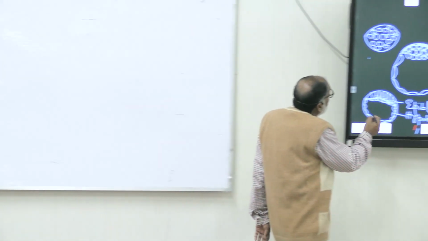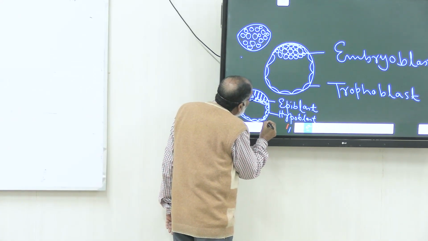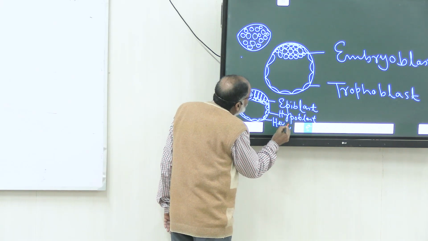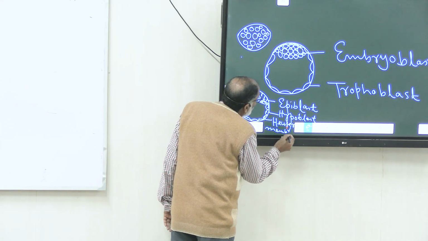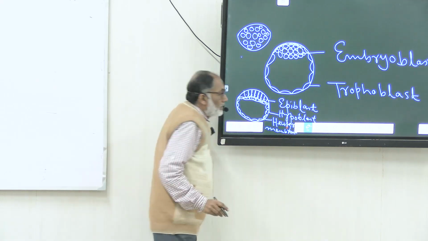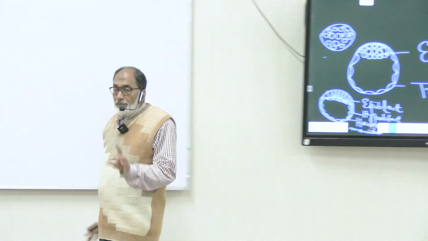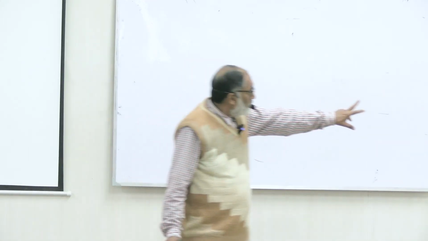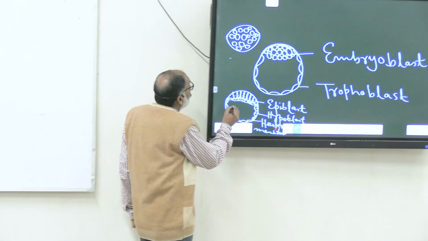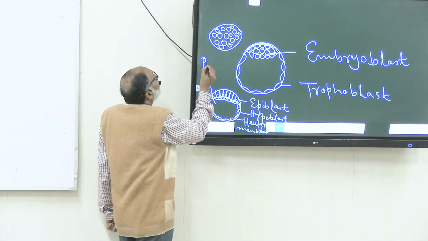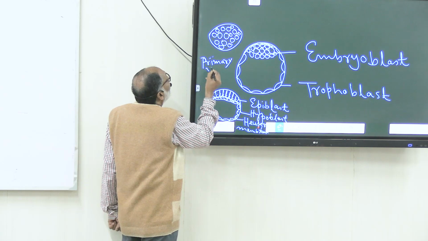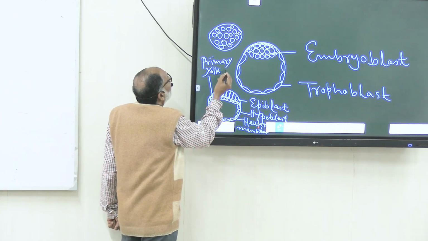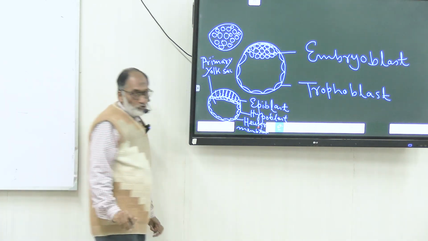They are known as Heuser's membrane. And this cavity is now known as primary yolk sac.